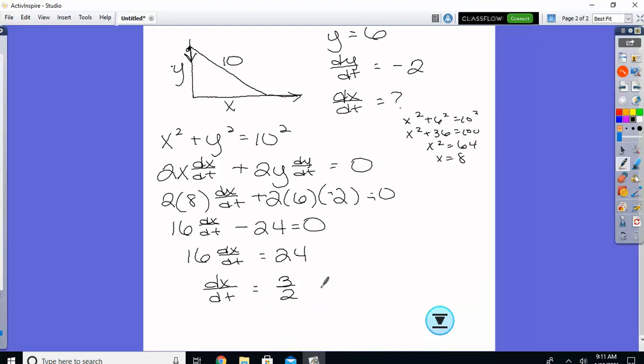And units, the units on x were meters, the unit in time was seconds.